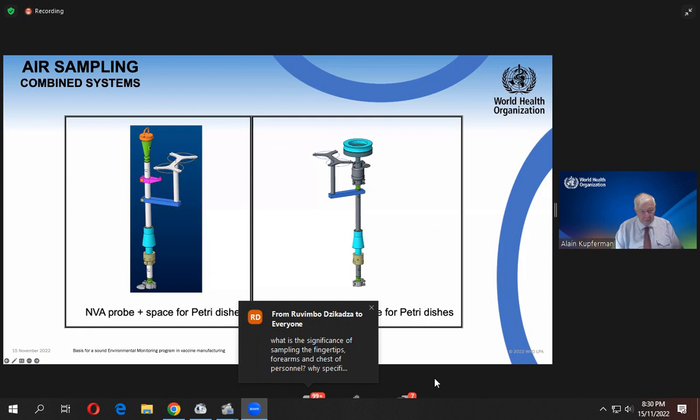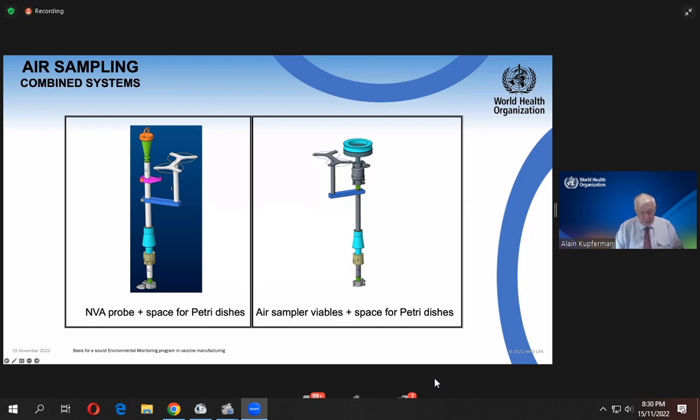And then, for instance, here you have your particle sampler, which will be connected to the particle sample below the machine. And here I will put my Petri dishes. Or here I have another model. I have here my active sampler, and here my passive sampler.